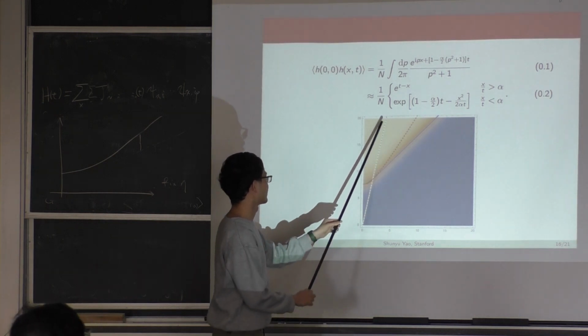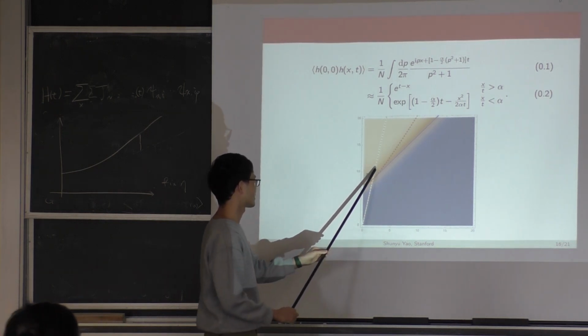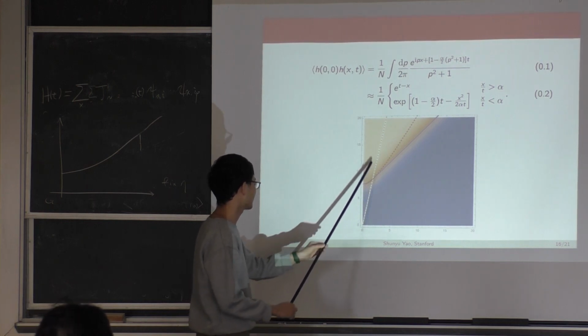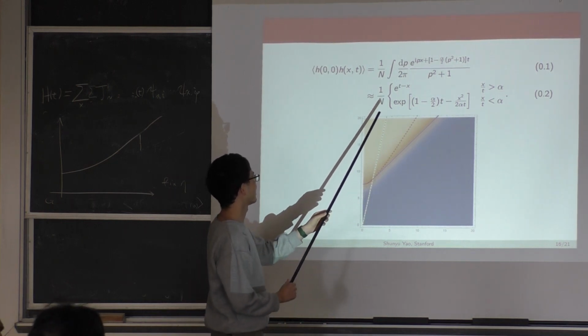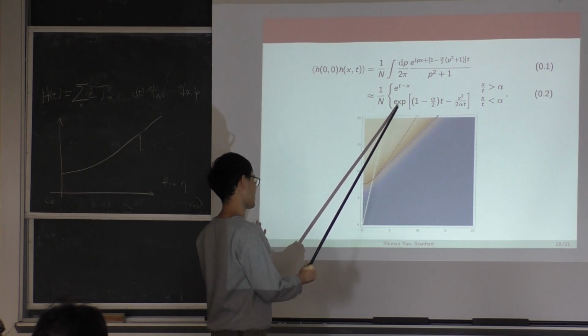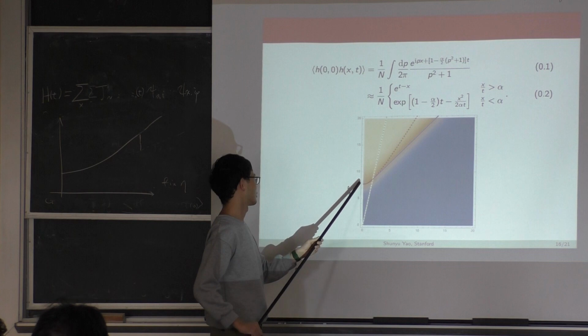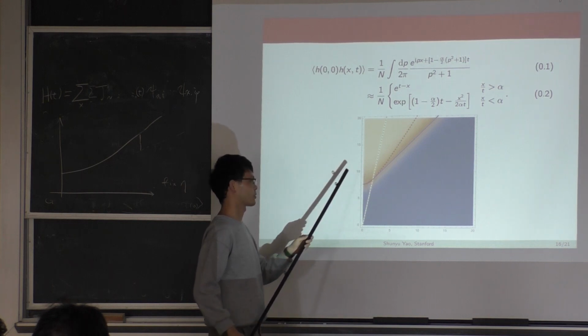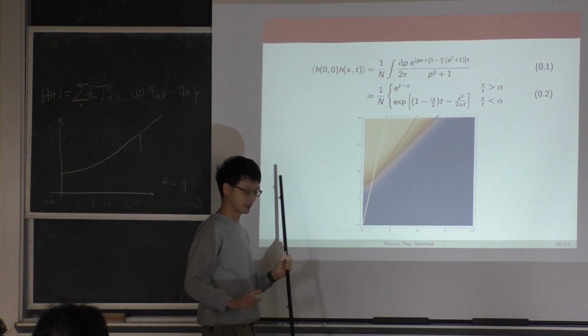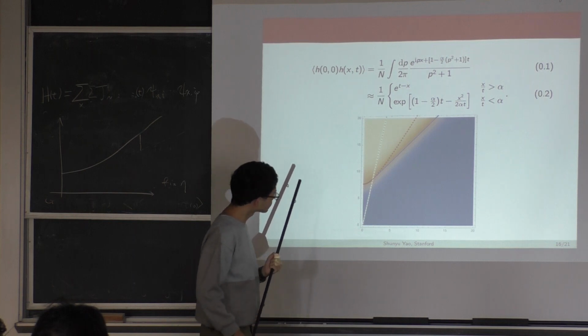When you live within this white line with dots, the scrambling is described by this formula, and this red solid line represents the butterfly cone, the naive butterfly.